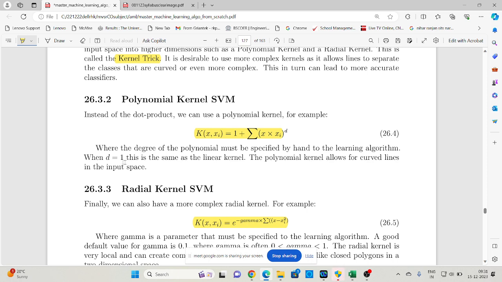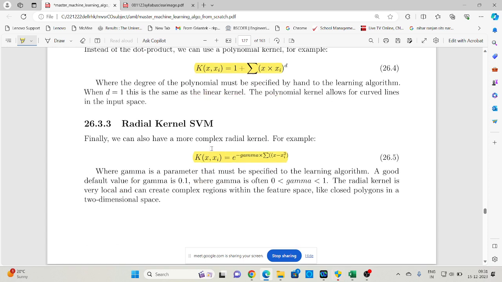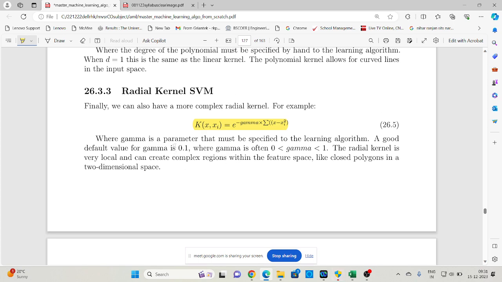If the value of d is 1, then it is a linear kernel. If it is a radial kernel SVM, then it is K(x, xi) is equal to e to the power of minus gamma multiplied by the summation of (x minus xi) squared. The standard value suggested for gamma is 0.1, and it should be in the range 0 to 1.